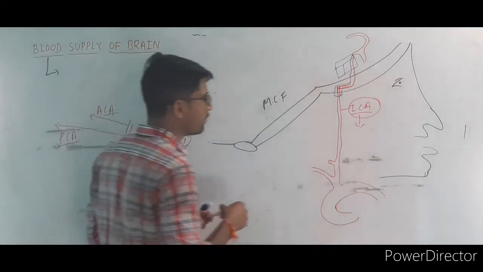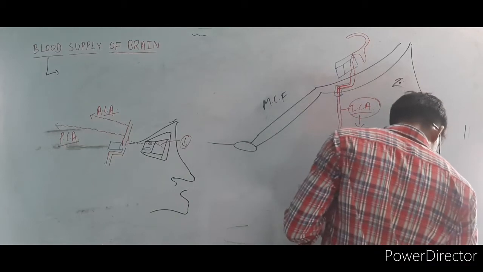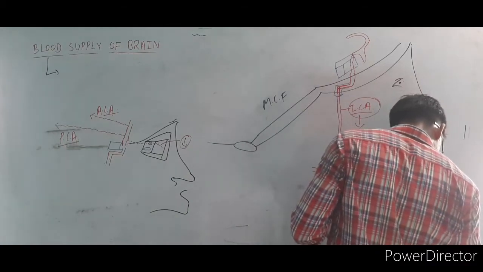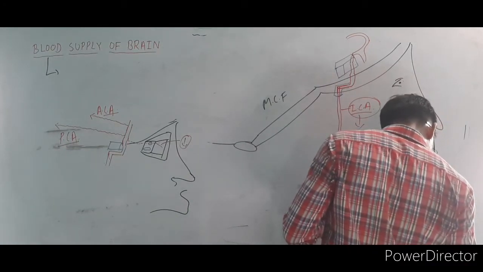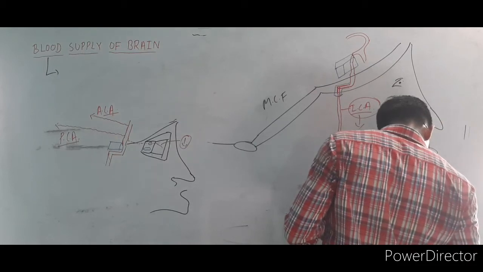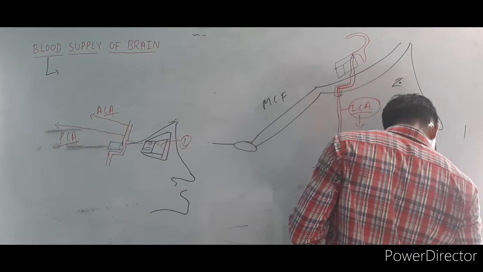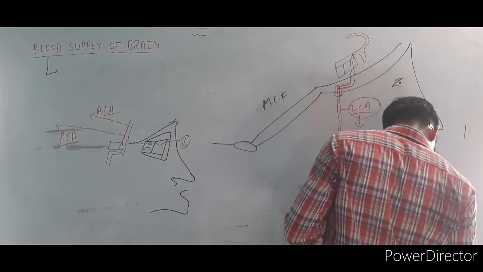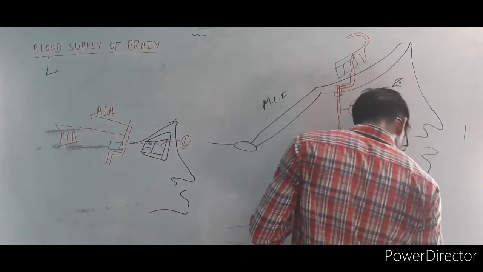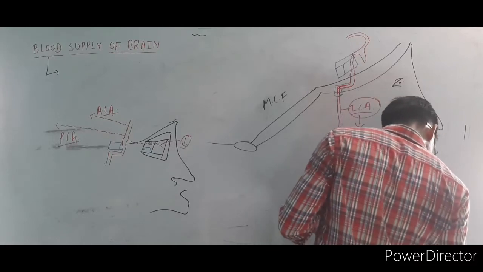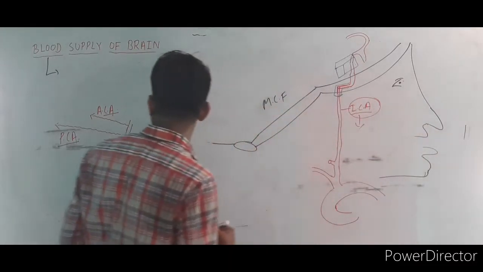This is the one thing. From here it's going and it's giving one branch that is called the communicating artery also. The anterior communicating artery is the right answer.